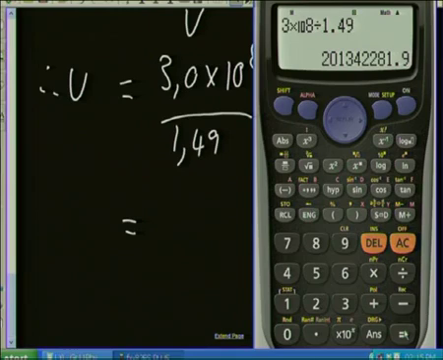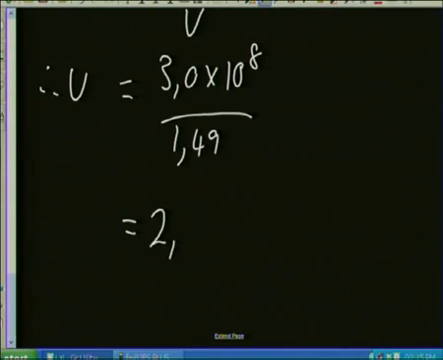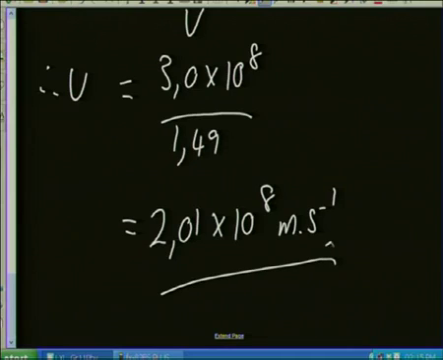So it's 2.0 rounded off to 1 decimal place or even 2 decimal places, 2.0 times 10 to the 8. Let me write that down so we've got it. 2.01 times 10 to the 8 meters per second. So it's got quite a bit slower.